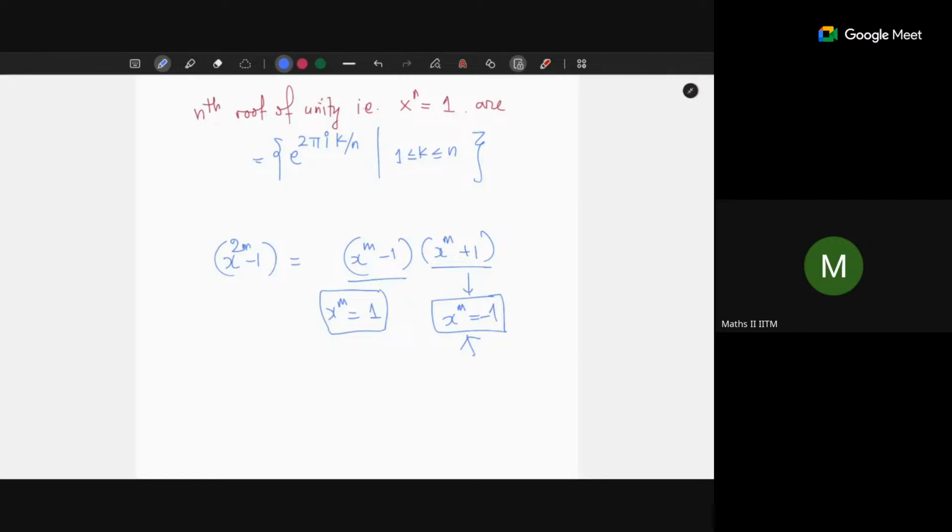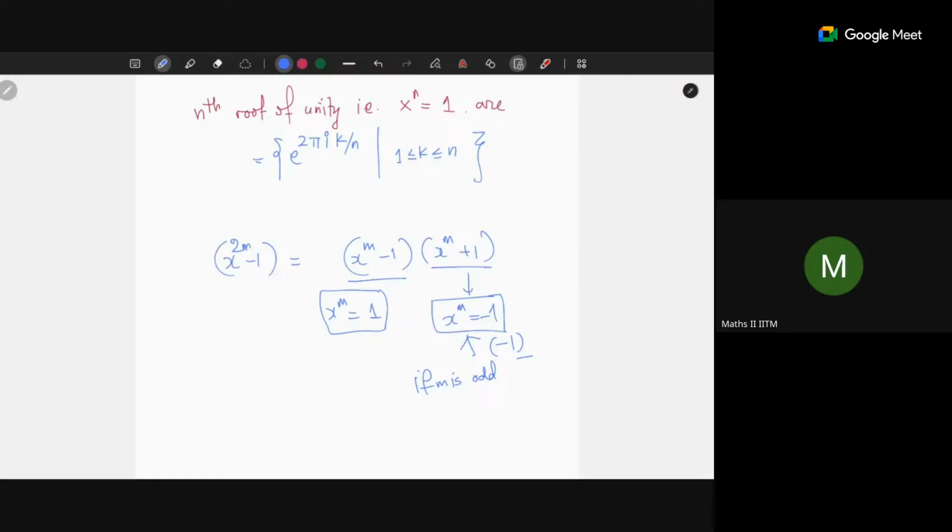What I'm thinking is, if m is odd, then you will have minus 1 as one of the roots over here, and you will have plus 1 as a root over here.